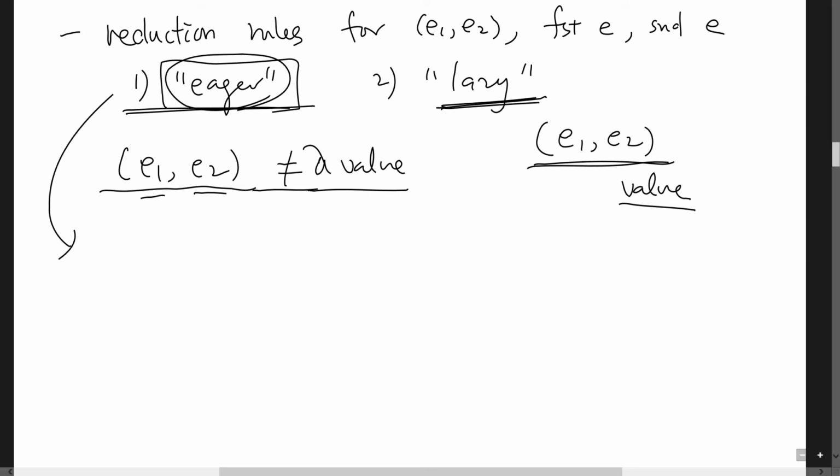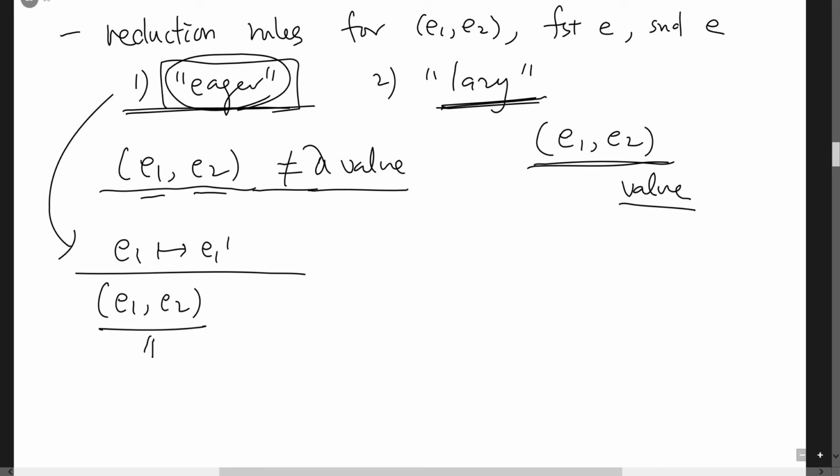So first, suppose that expression E1 is further reducible. If this reduces to E1 prime, this is not a value, so we keep reducing it. This time, it's going to be E1 prime, E2. So we have the first reduction rule. And if everything goes okay, this expression E1 eventually turns itself into some form of value V1.